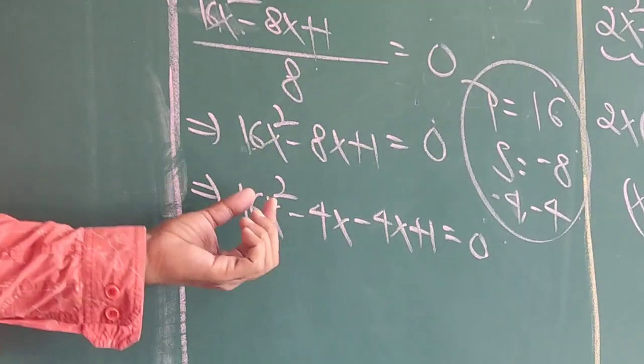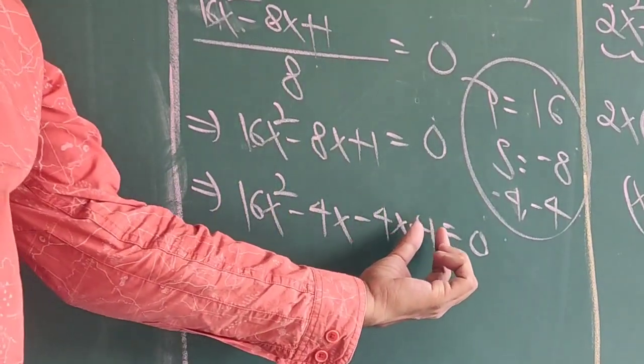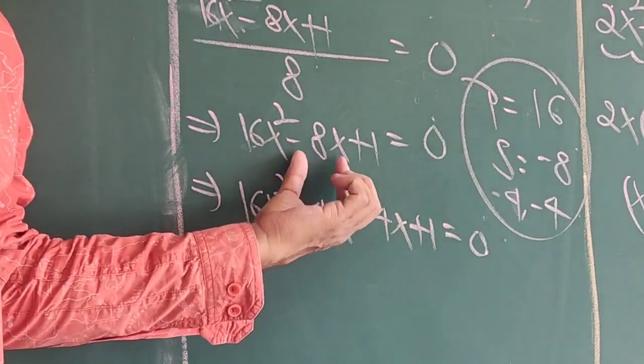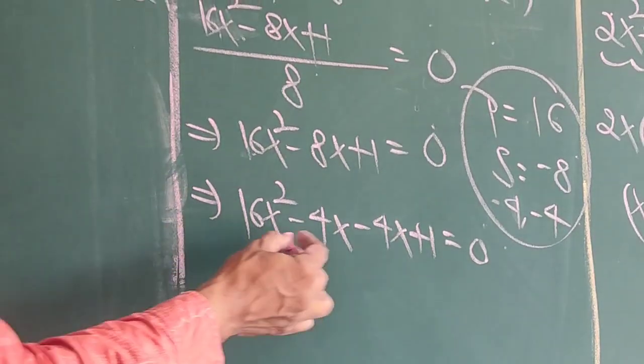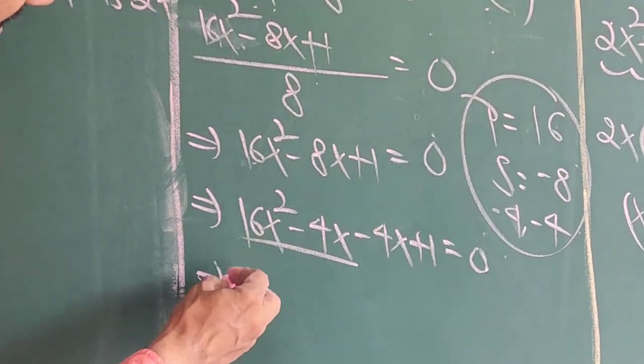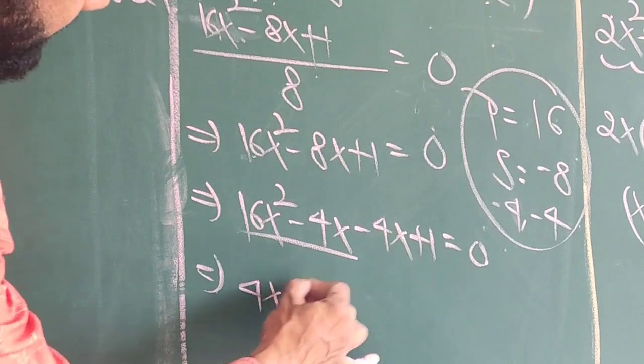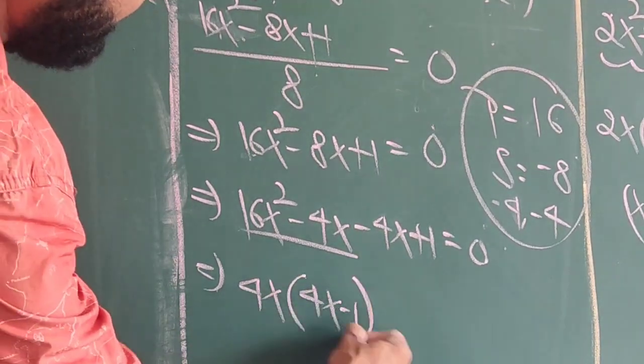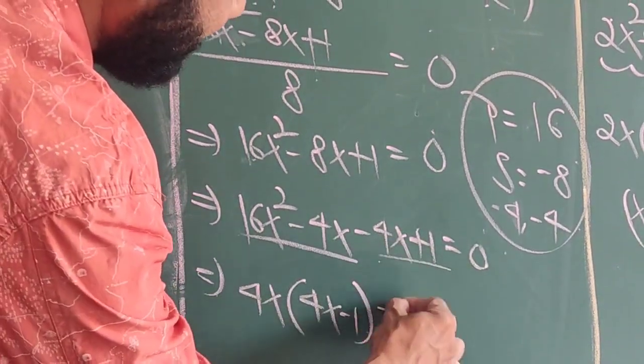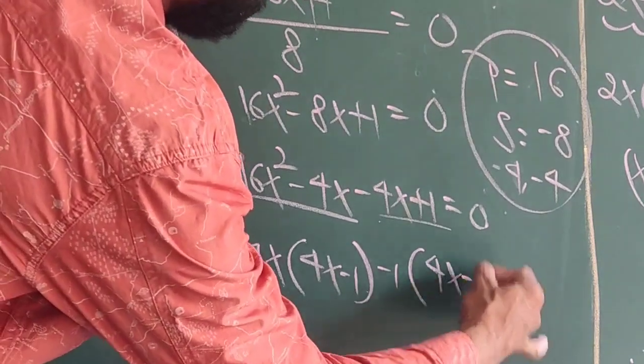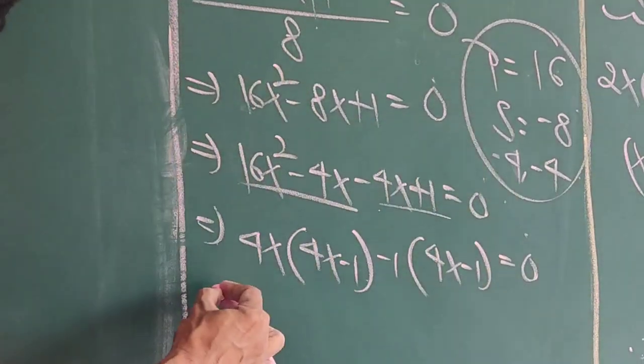In the method of factorization, the first term and the last term are kept and only we split the middle term. Now take common from the first two terms. The common is 4x, this is 4x minus 1, and the next two terms give minus 1 times 4x minus 1, equal to 0.